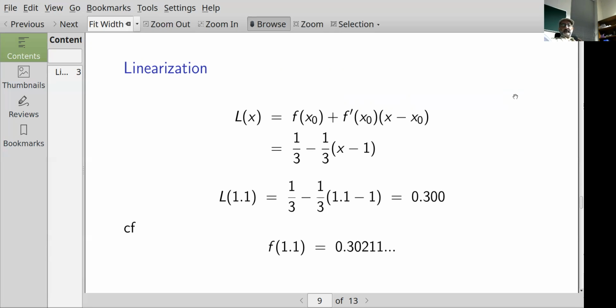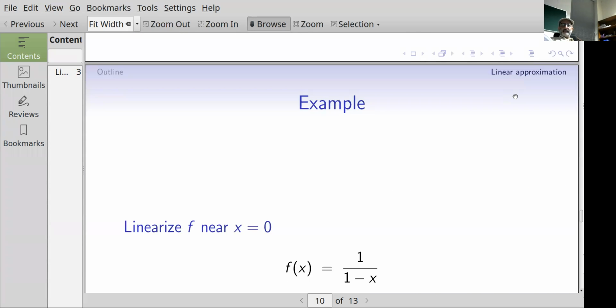So now if I want to find L of 1.1, that's 1/3 minus 1/3 times 1.1 minus 1, and that is equal to 0.3. And the actual value is 0.30211 or something, and so I can compare the two values and they're fairly close.